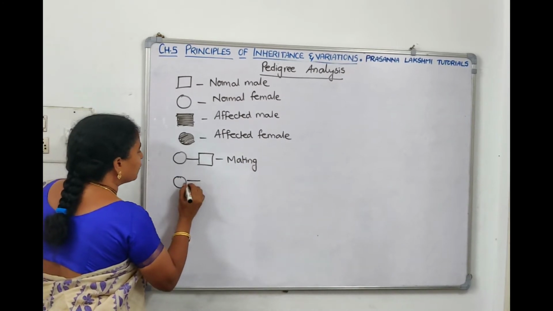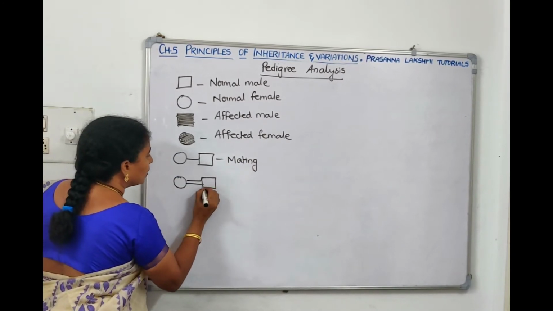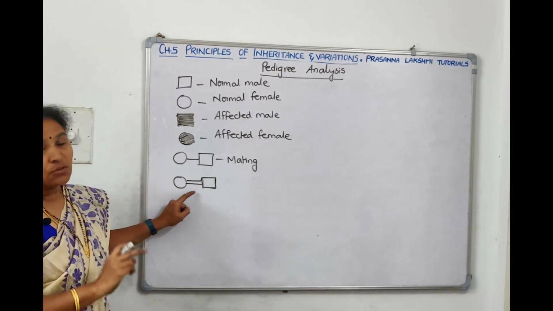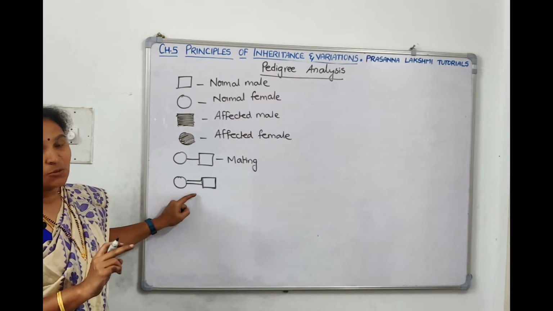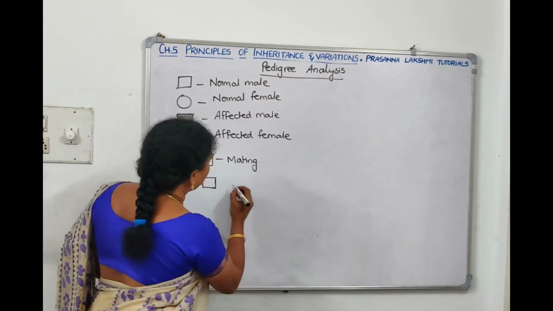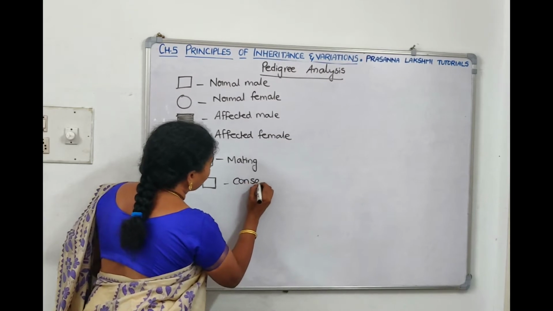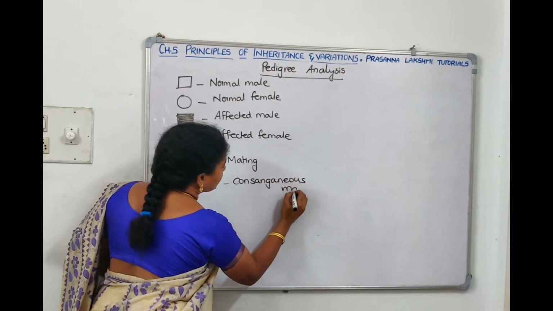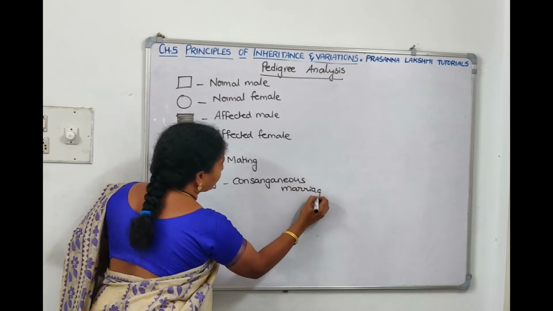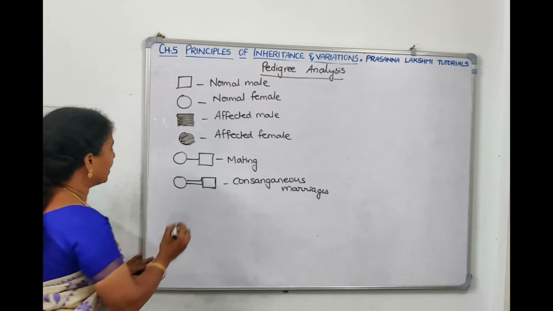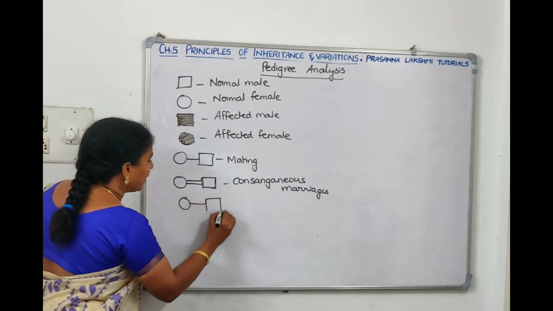And if the father and mother are near relatives to each other, we draw two lines, and this is called consanguineous mating. Marrying among relatives is called consanguineous marriage.